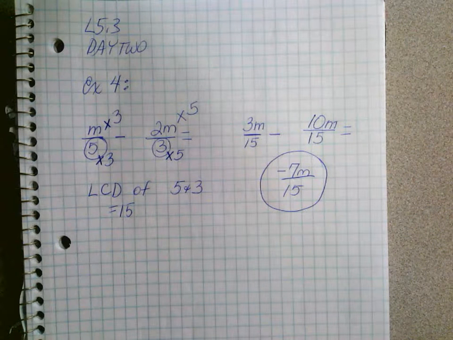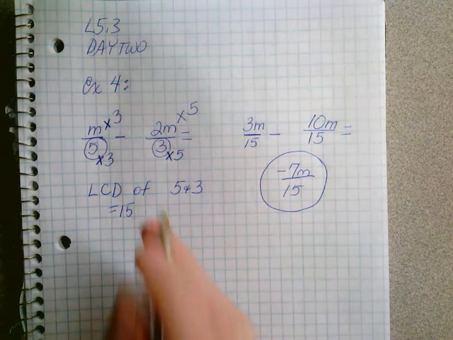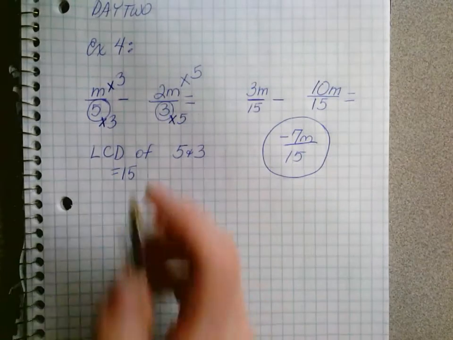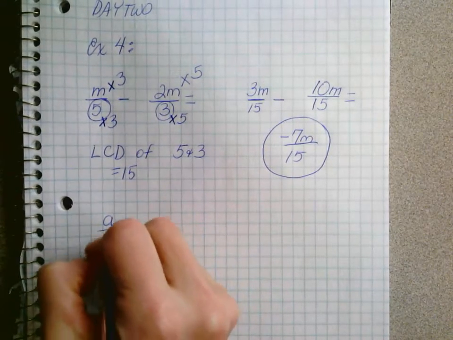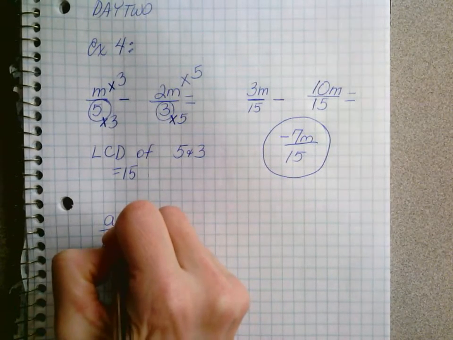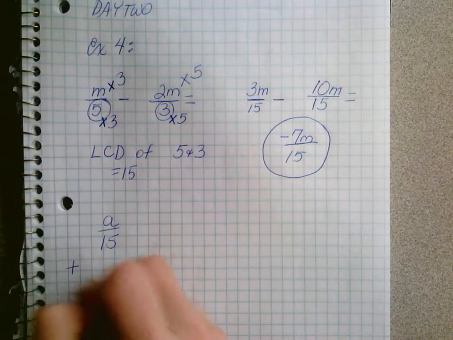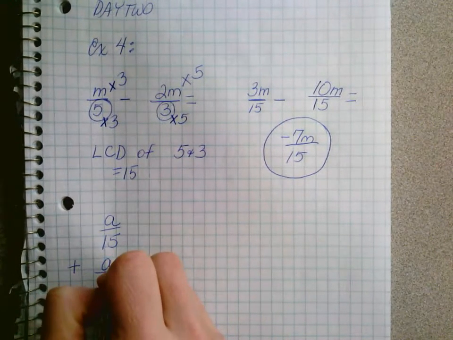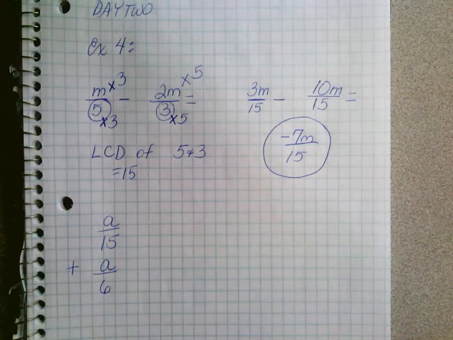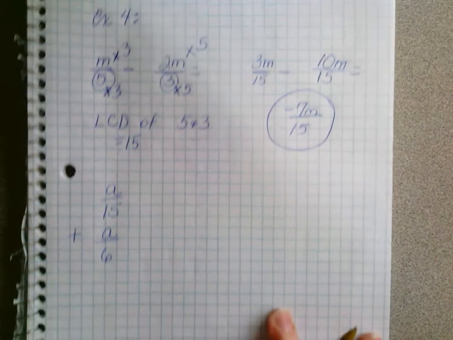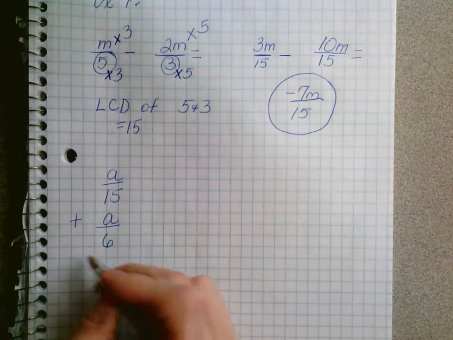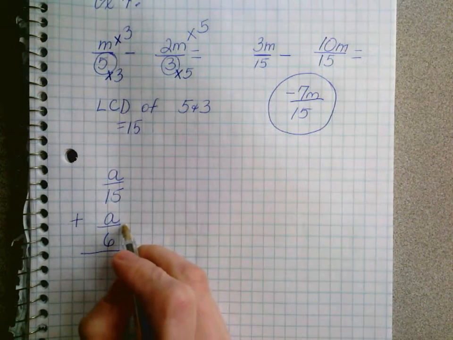Let's do some more. This is all related to your homework for today. Let's do a over 15 added to a over 6. Okay, lowest common denominator of 15 and 6.